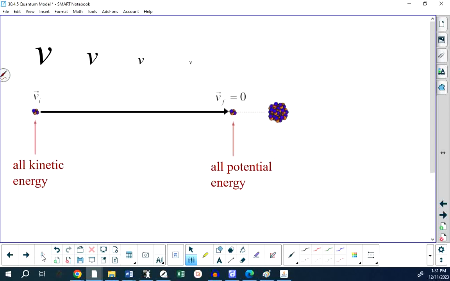Are you with me in principle on that? It's like saying the kinetic energy of a pendulum bob at the bottom is equal to the potential energy of the pendulum bob at the top. And then it's going to go back to kinetic, except with a pendulum, then it's going to swing back and forth. The alpha particle is going to slow down to a stop and then turn around, never to return. Well, for all intents and purposes.